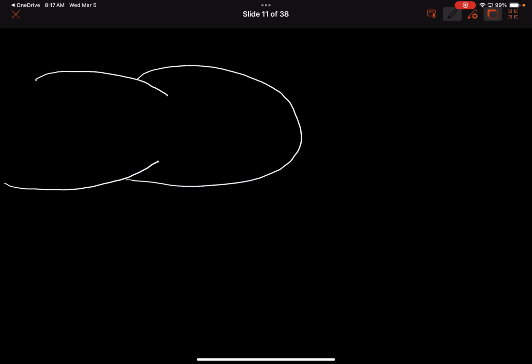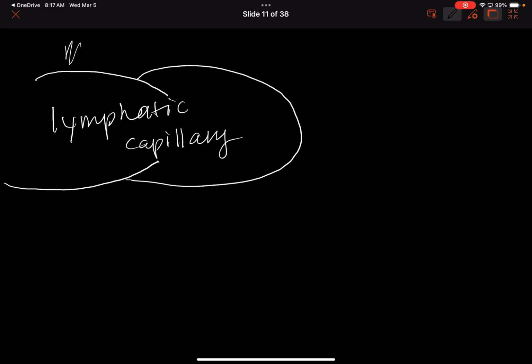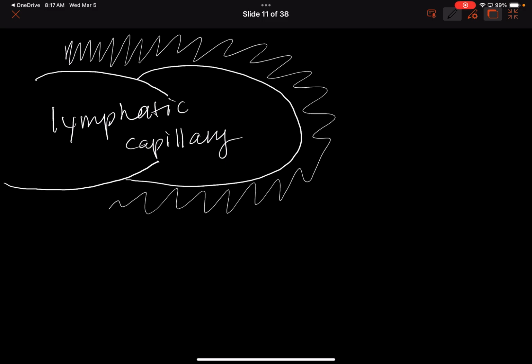Okay, so we have these flaps here. So this is a lymphatic capillary, and we'll have lymph inside of here. So at the capillary bed where gases and nutrients and stuff are being exchanged and where the lymphatic capillaries have to pick up that excess fluid, there's going to be excess fluid all around this lymphatic capillary, which is going to increase the pressure around that capillary.